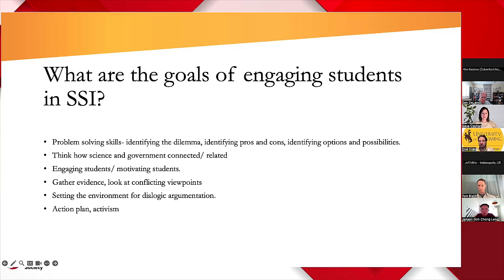Engaging and motivating students. This is based on previous research that shows that engaging students in SSI increases their motivation and positive attitudes towards science.